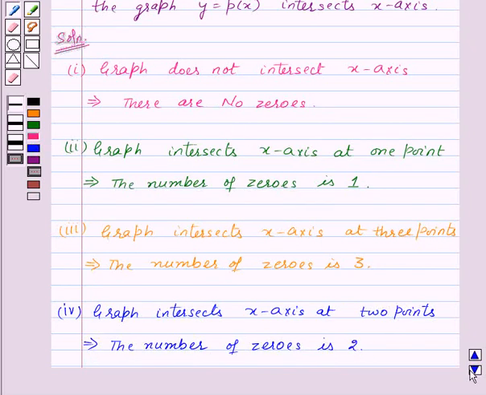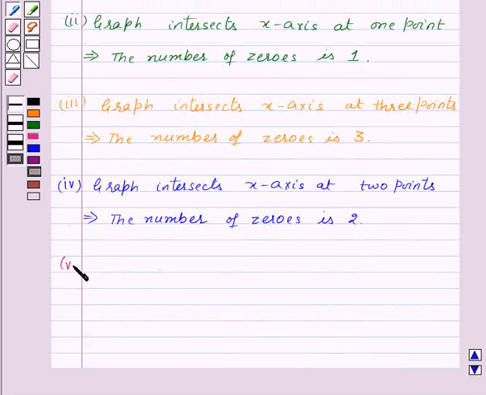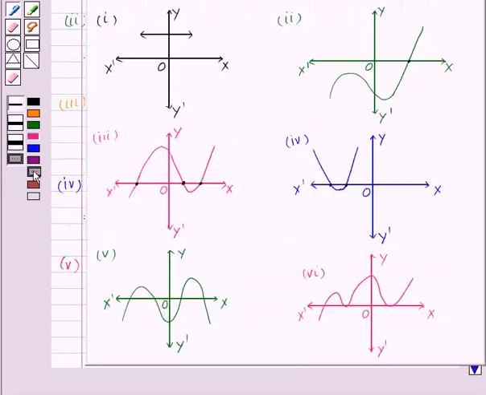Now let's move on to fifth part. Here the graph intersects the x-axis at 1 point, second point, third point and fourth point. So it intersects the x-axis at 4 points.